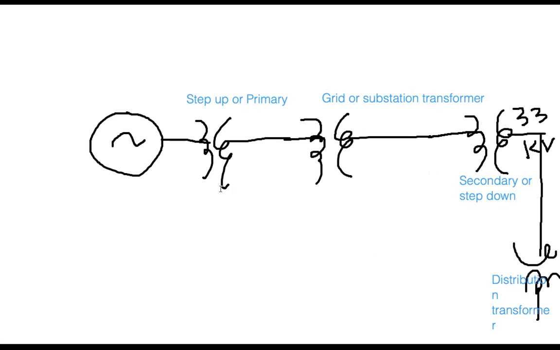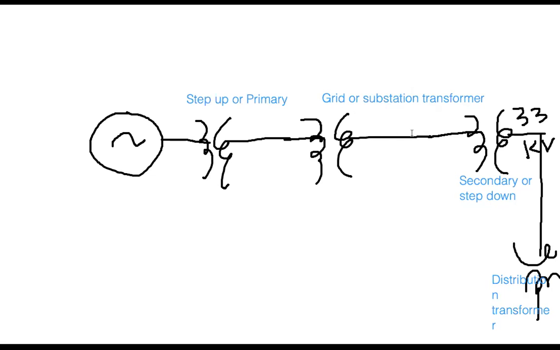For example, if you are reading literature or listening to someone's lecture about transformers, and they use terms like secondary transformer, distribution, substation, or primary, then you will concentrate on that portion of the network. So once again, the step-up or primary transformer is very close to the generator. Then after a little distance, it is called the grid or substation transformer.